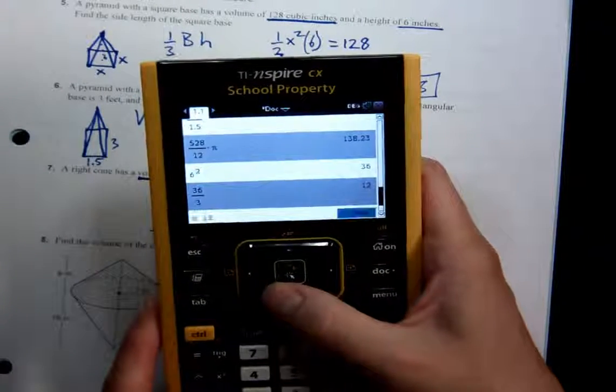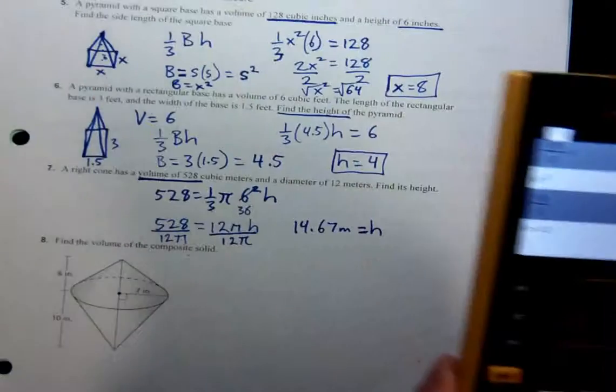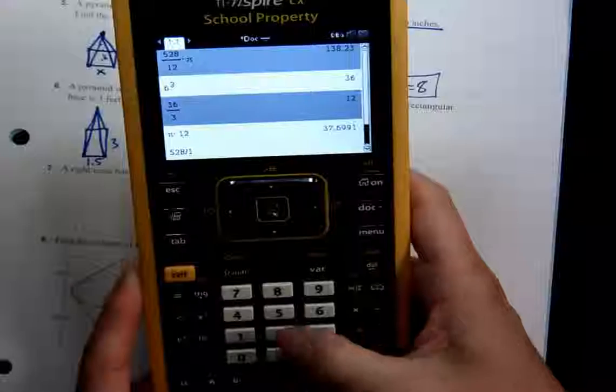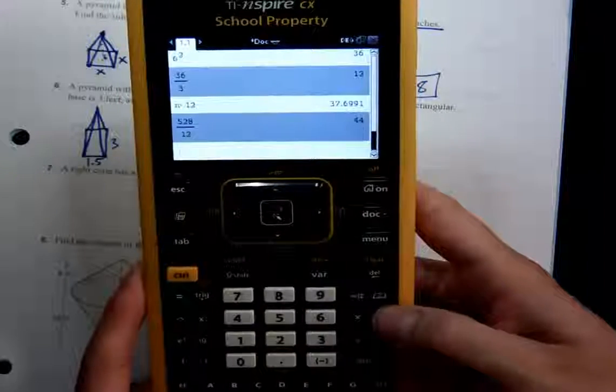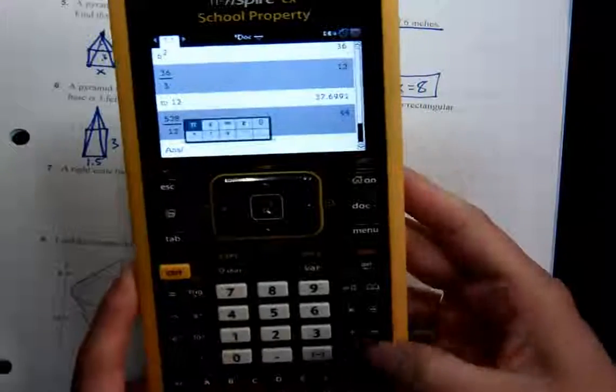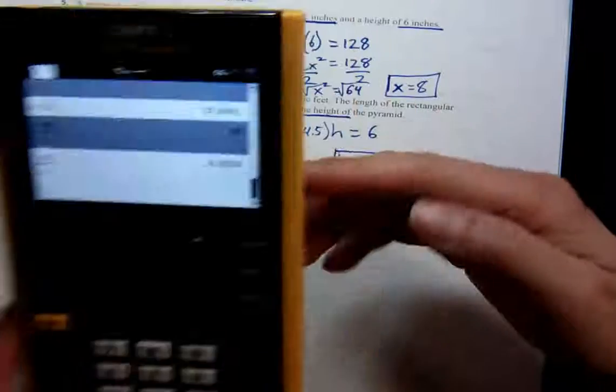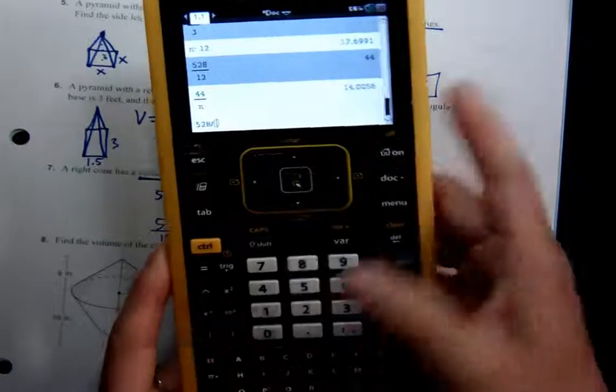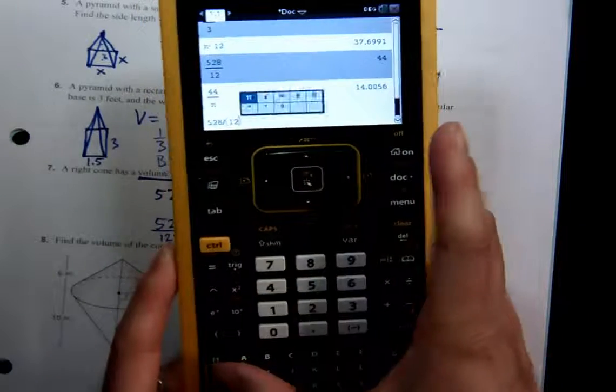So if you're doing that, just make sure you type things in the calculator. We can do divided by 12 and push enter, divide by pi to get the 14. Or you can do 528 divided by, and then do parentheses 12 pi.